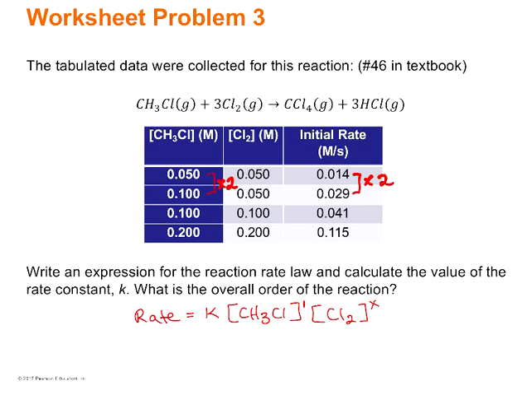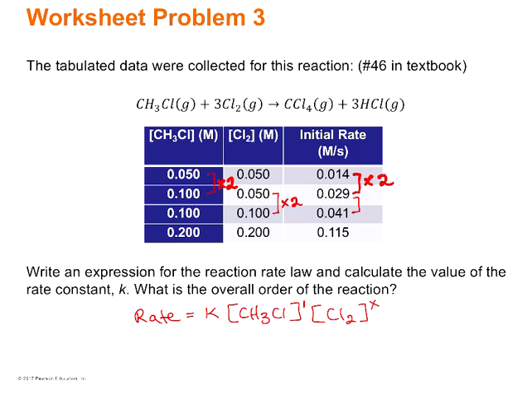Okay, so now let's look at the second set of data. So we can see that the concentration of our second reactant is doubling, while the first reactant concentration is held constant. And then what's happening to our rate? It's not really double, but it's also not staying the same.